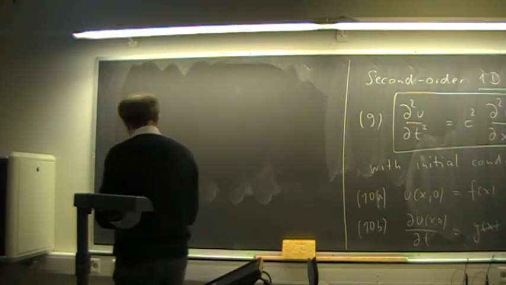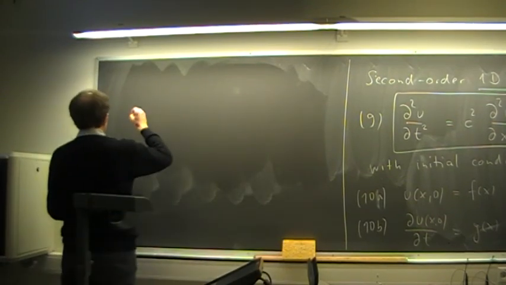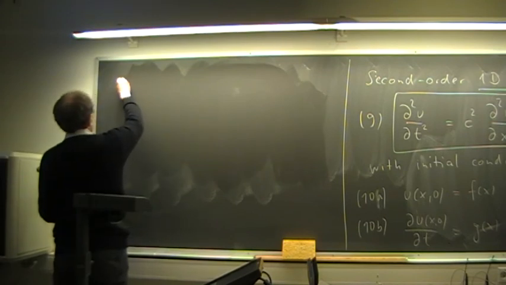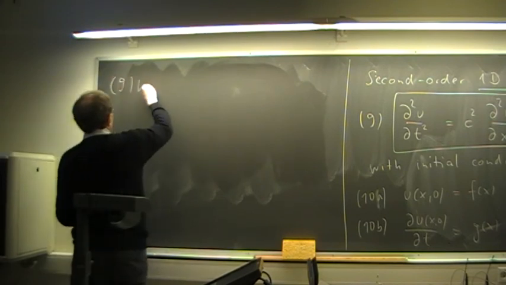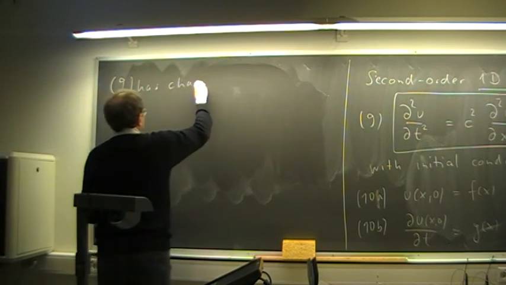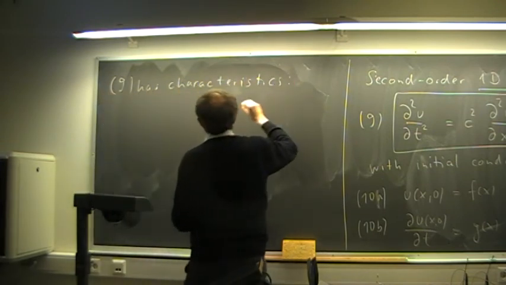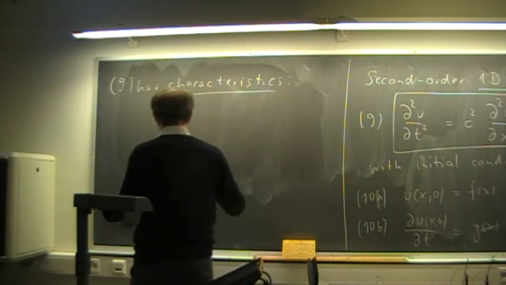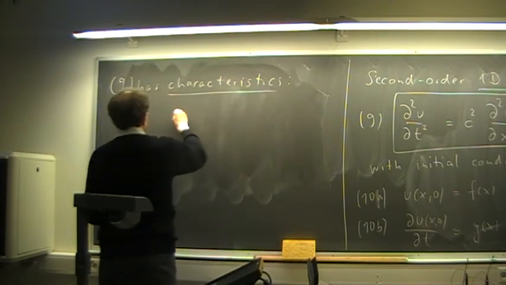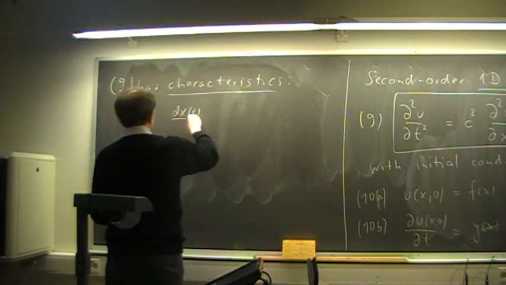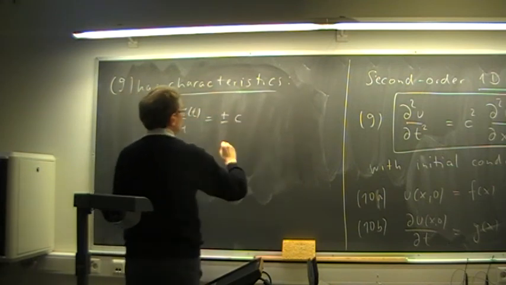So we have characteristics, it means our equation 9 gives the characteristics, plus and minus c.